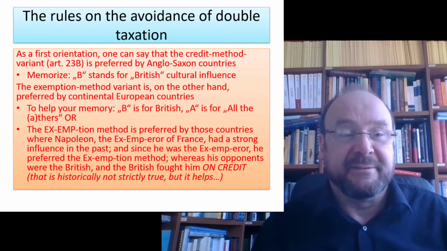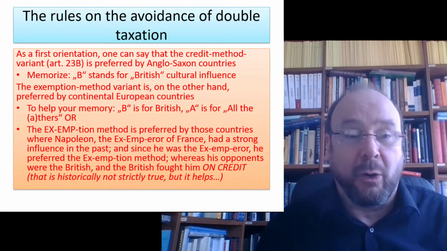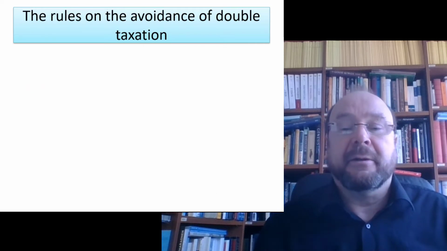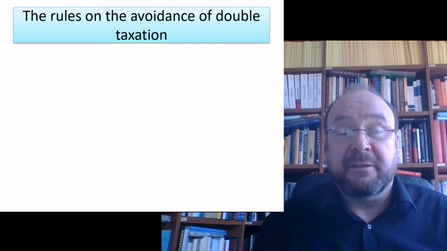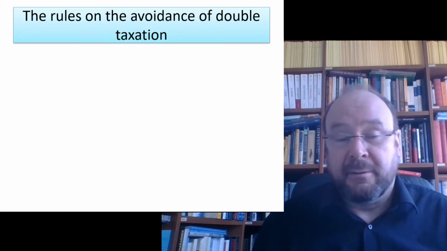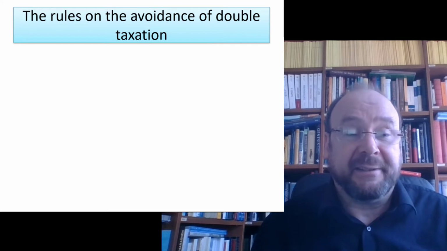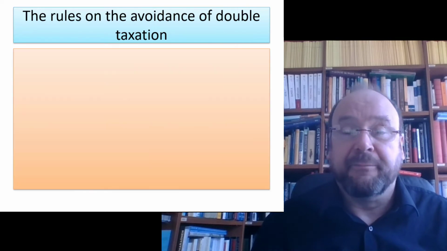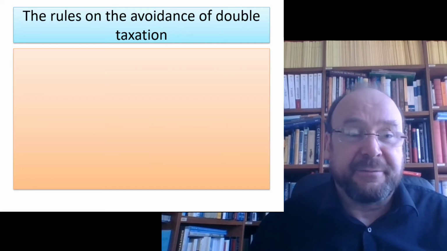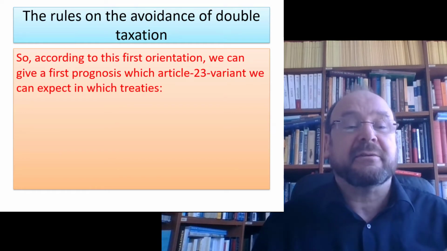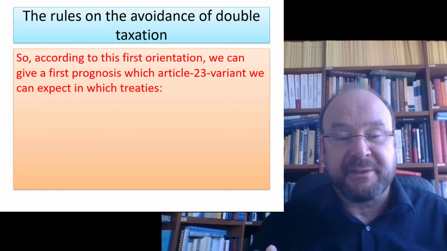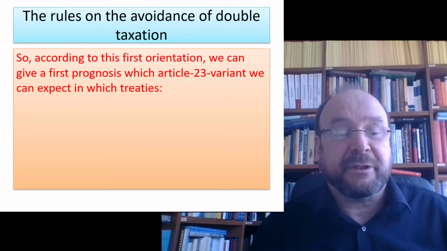So B is for British and A is for all others. Okay, or if you like French, A is for Allemagne and others. Okay, so according to this first orientation, we could prognosticize which variant which country chooses.